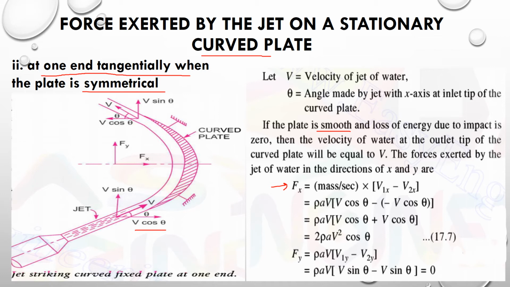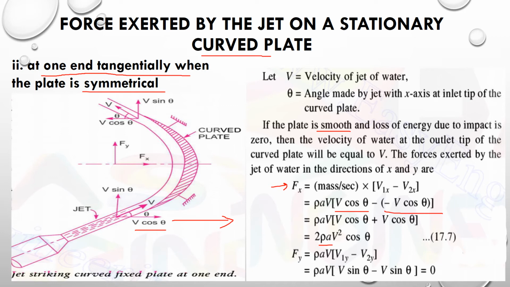But in this case, it is hitting tangentially, so the velocity is V, but in the x direction we have to take the component. So the initial velocity, that is the velocity before striking, will be V cos theta. And after striking, the final velocity will again be V cos theta, but in the negative direction, so we have denoted it as minus V cos theta.